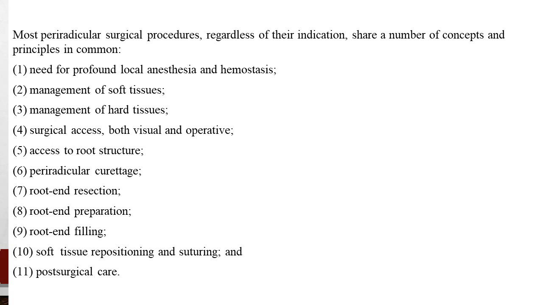GIC, because we are not able to achieve a moisture free area, has also been discarded. So now we have come to MTA and Biodentine. These are much better root end filling materials. Soft tissue repositioning and suturing, of course, has to be done, and of course post-surgical care. So we have to counsel the patient, and we have to prescribe the analgesics and antibiotics so that the patient can recover.